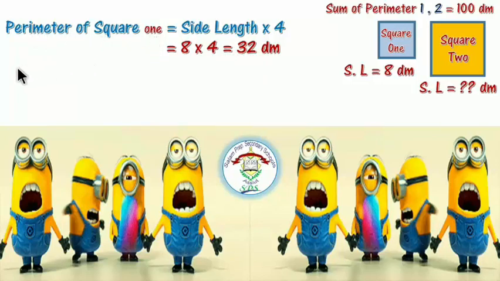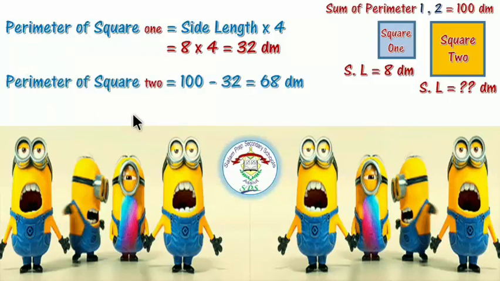To find the perimeter of square 2, we will do 100, this is the sum of the two perimeters of the two squares, minus 32, the perimeter of square 1, equals 68 decimeters. This is the perimeter of the second square. Okay? Now we can find the side length of square 2.